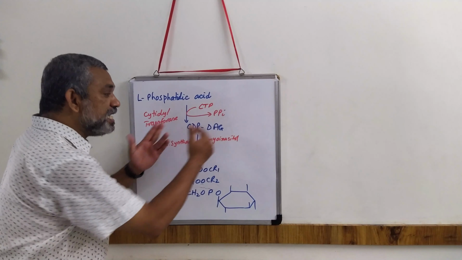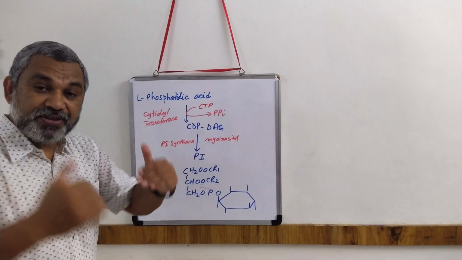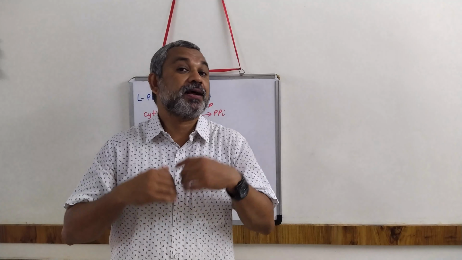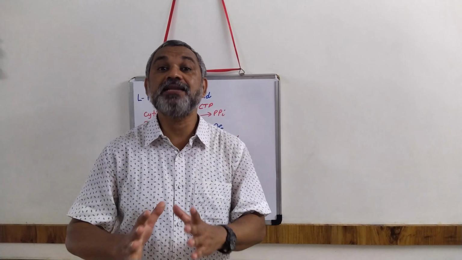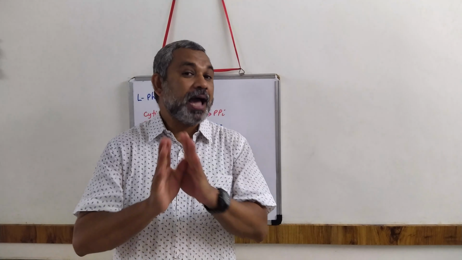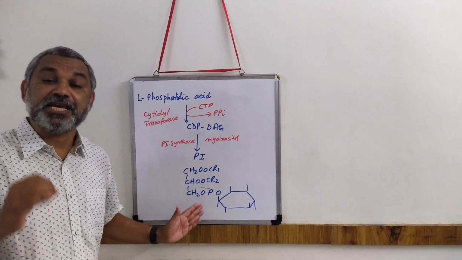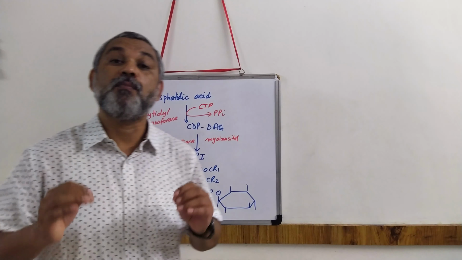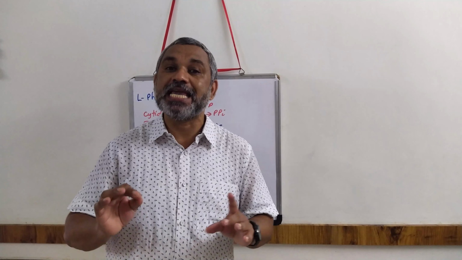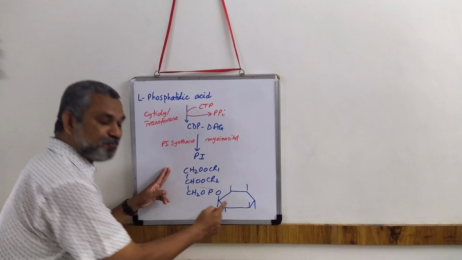Once you have CDP diacylglycerol, what we need to add is inositol. Remember, there are about 9 stereoisomeric forms of inositol, and the form used in the formation of phosphatidylinositol is myoinositol. Myoinositol is optically inactive. So myoinositol is added and you will have this product.